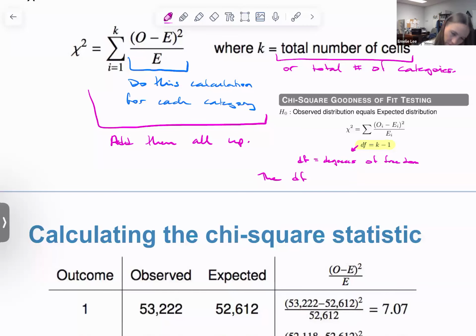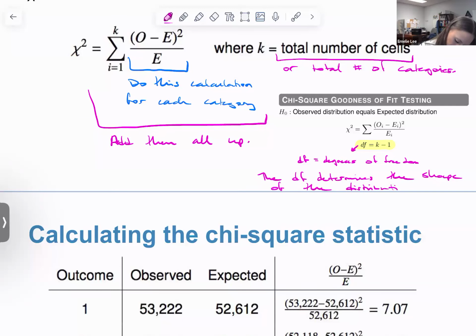This is the first time we have seen degrees of freedom in passing. We saw it on the t-table, so we will be using degrees of freedom more often. But this is the first time that we're seeing it, and it's just going to be a calculation, and the degrees of freedom determines the shape of the distribution.